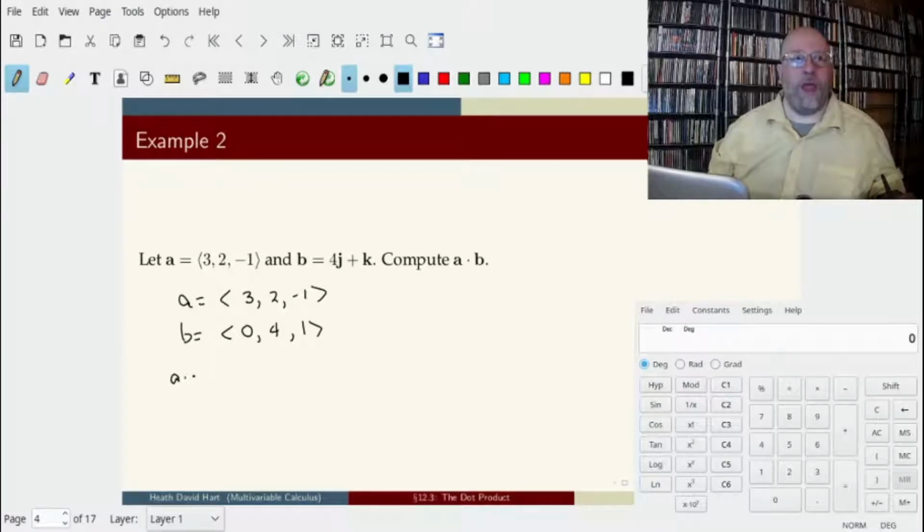Compute A dot B, not A plus B, A dot B, the dot product. And so we'll group the 3 and the 0 together. And we'll group the 2 and the 4 together. And we'll group the -1 and the +1 together. And we end up with 0 plus 8 plus -1. It gives us a grand total of 7.